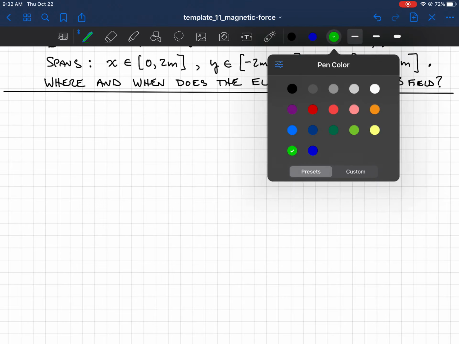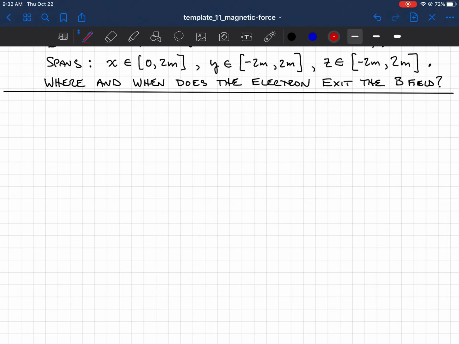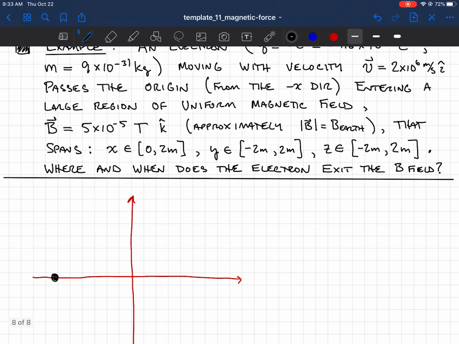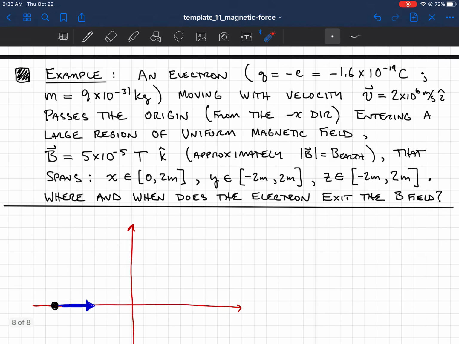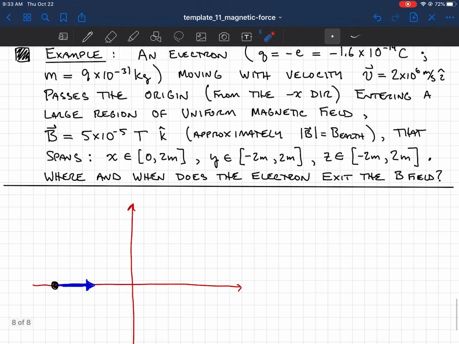It's probably sort of ridiculous to imagine that one could create a magnetic field that looks like this, but we'll just go along with that. So we have a particle. We're told that it's an electron, and it comes in with a certain velocity. It's moving in the positive x direction.